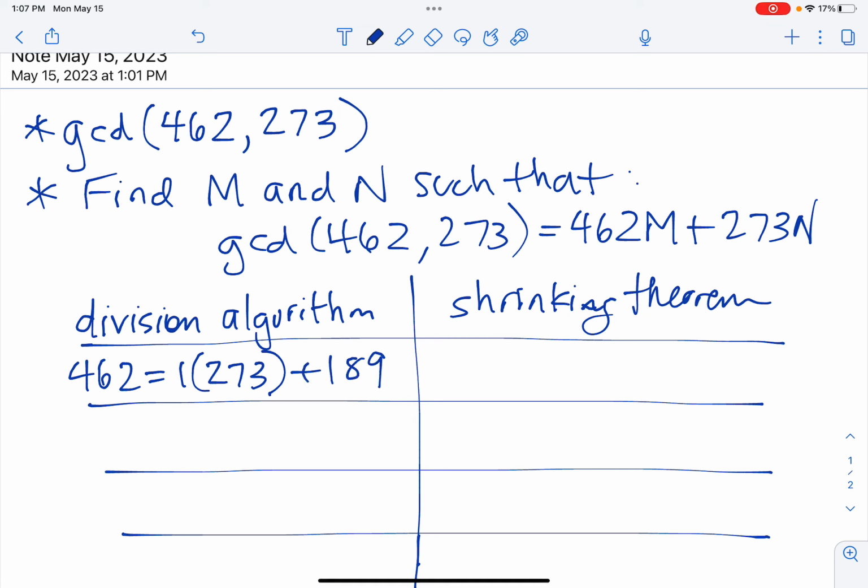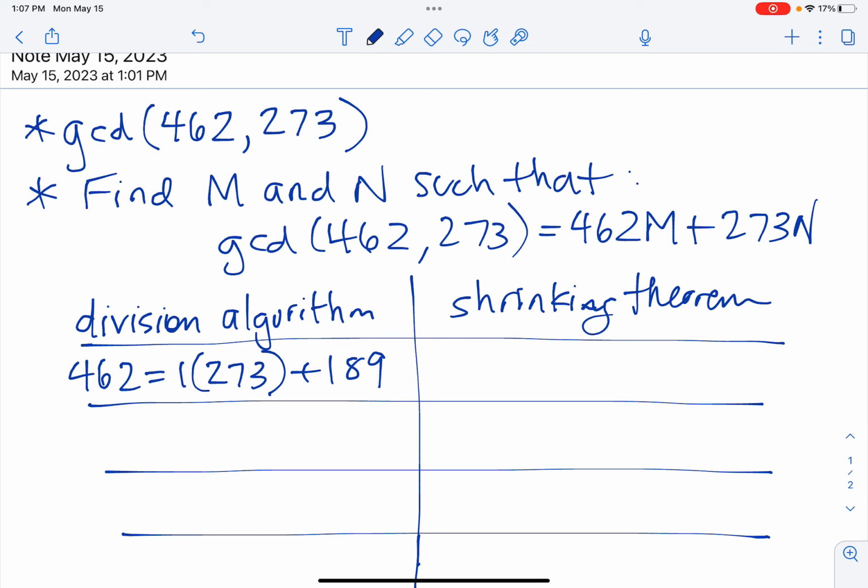You could even use repeated subtraction: just keep subtracting 273 from 462 until you get a number that's less than 273. Here I only had to do it one time because I get a number less than 273 as the remainder. So that's b equals q times a plus r.